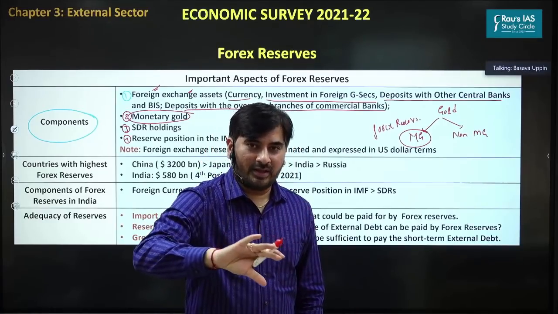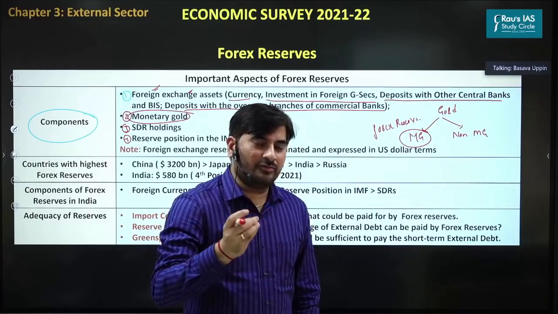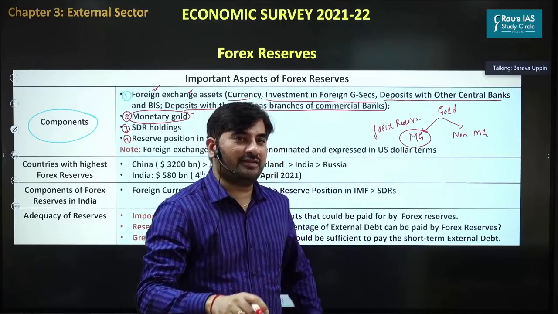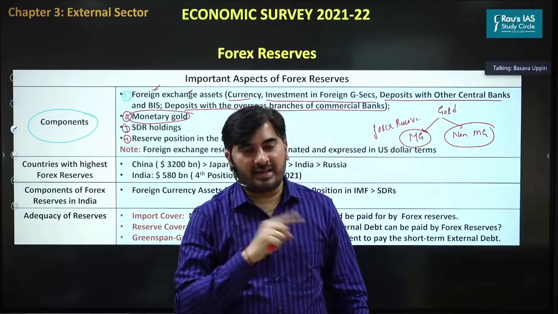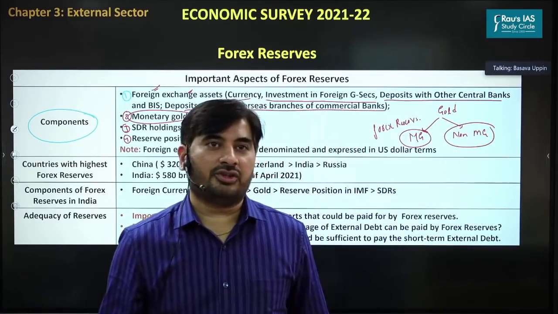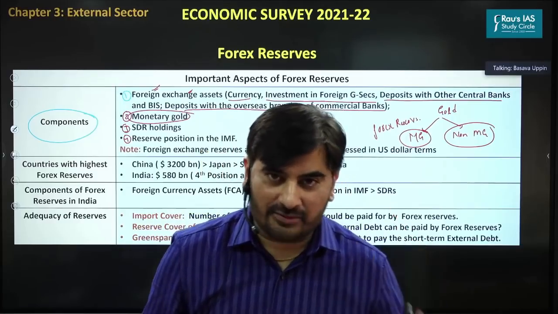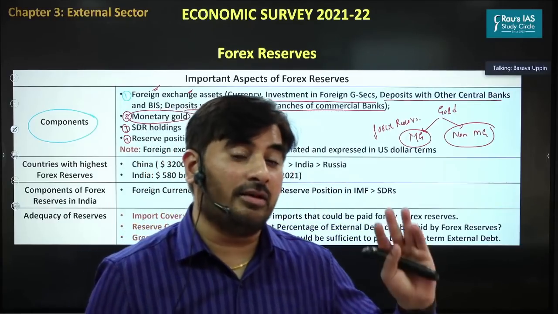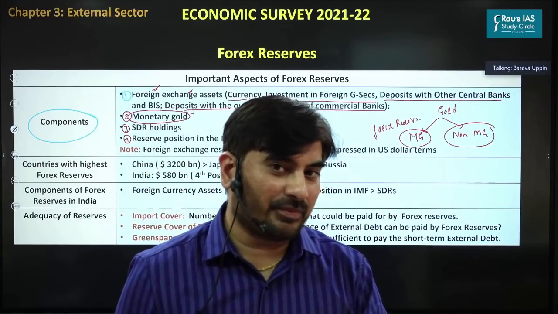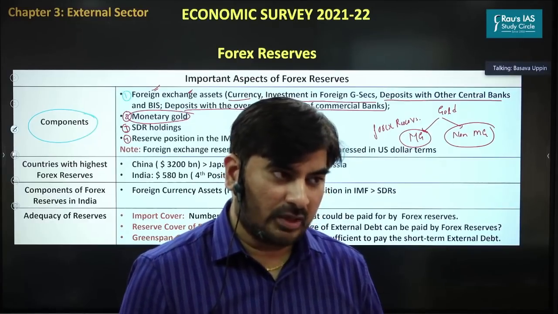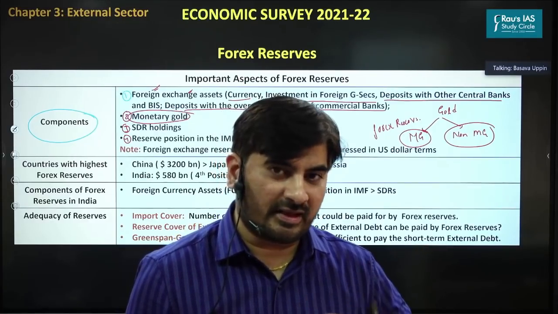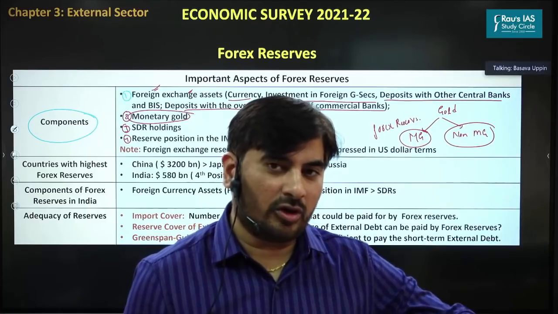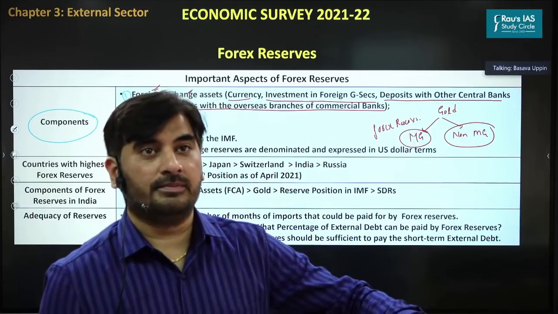Everything else, which means the gold which is not part of India's forex reserves, will become the non-monetary gold. Please remember this from the perspective of the prelims examination. The gold which is part of India's forex reserves is called monetary gold. Everything else, that is gold with the public, gold with the banks and financial institutions, gold which is in circulation, all of that will be called non-monetary gold.